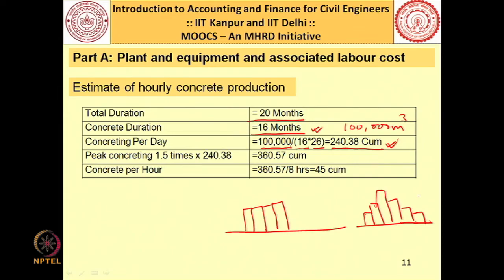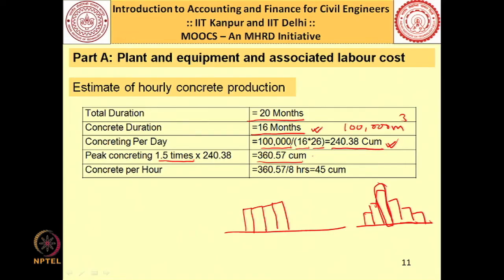So, in order to make sure that your equipment is capable of giving you even this production, which is the peak production, I am multiplying it with the value called peak factor. In this case, I am assuming it to be 1.5 times. Now, depending on your experience, you can multiply it with 1.25, 1.3 or 1.4.